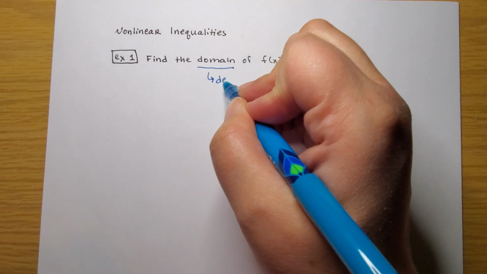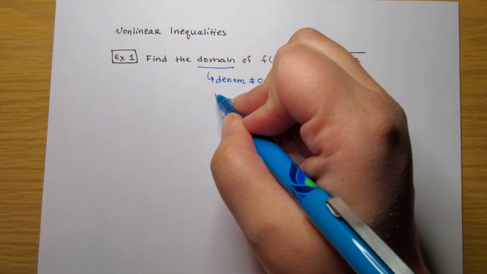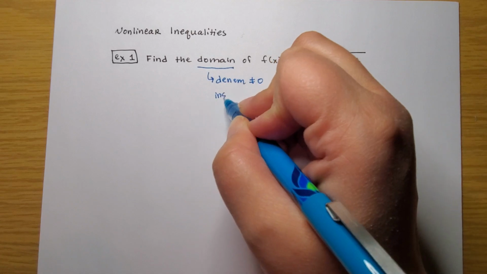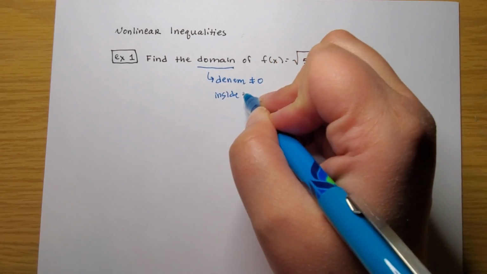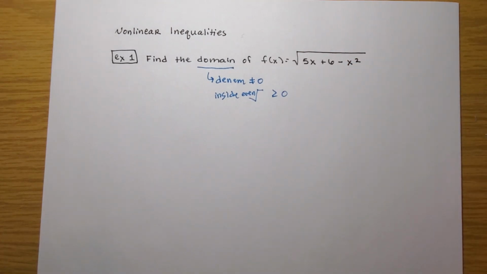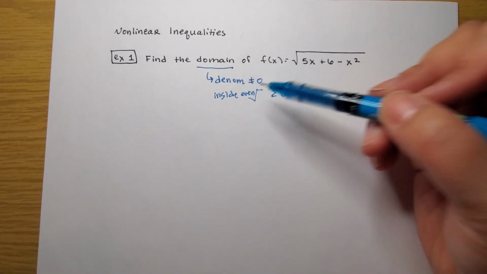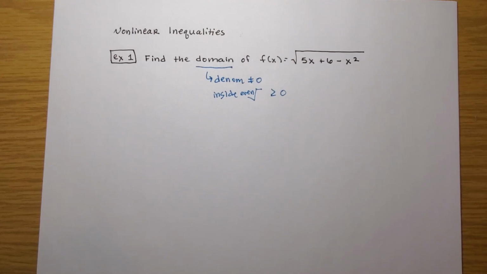The first is that denominators cannot be 0. And then the second is that inside an even radical has to be greater than or equal to 0. If you don't have a denominator and you don't have an even radical, the domain's going to be all reals.